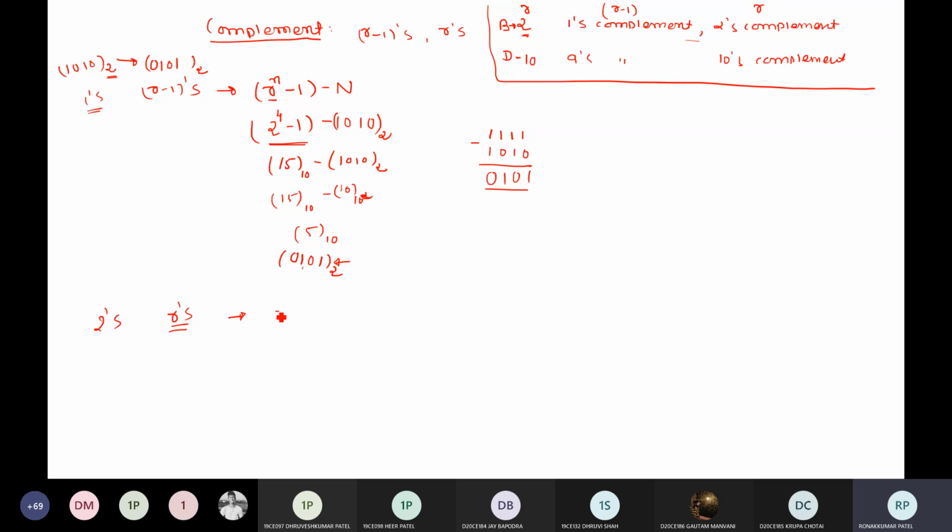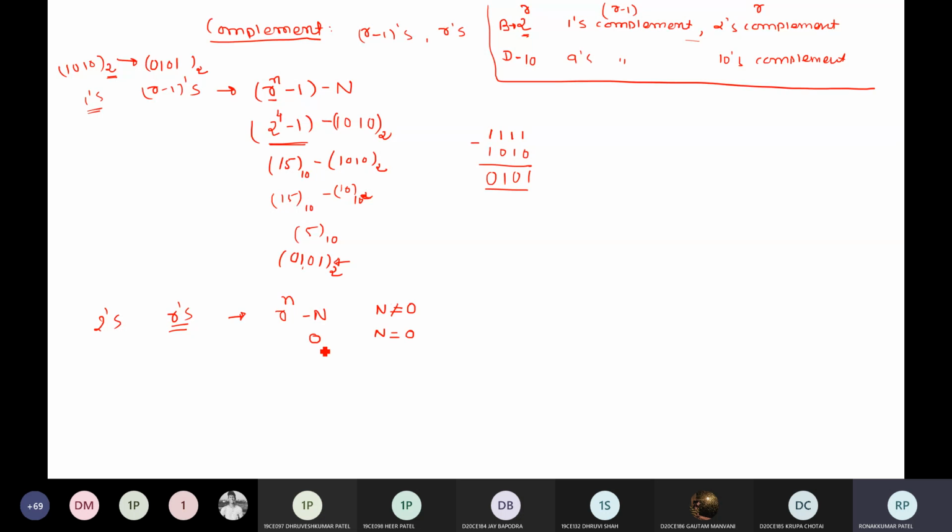It's r raised to n minus N, for N not equal to 0. અહીંયા એવી કોઈ વસ્તુ નથી, but here it's there, N not equal to 0. If N equals 0, means your number is 0, then the r's complement is 0.